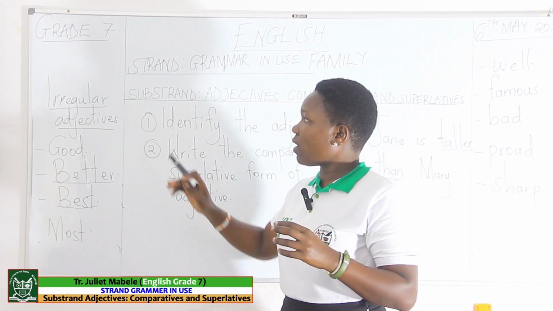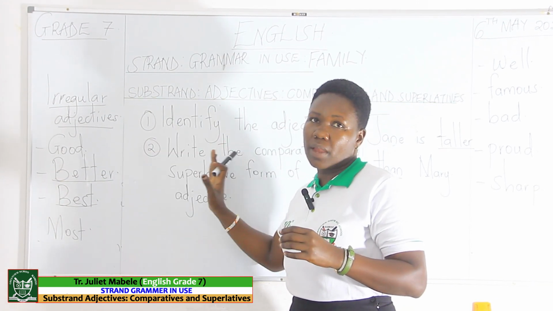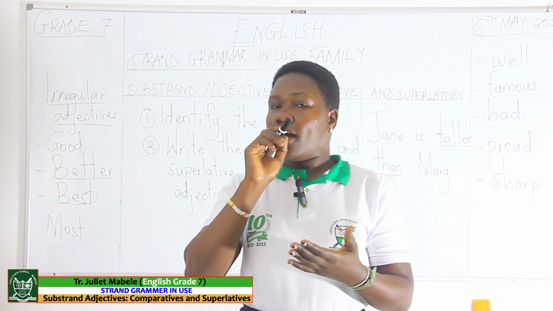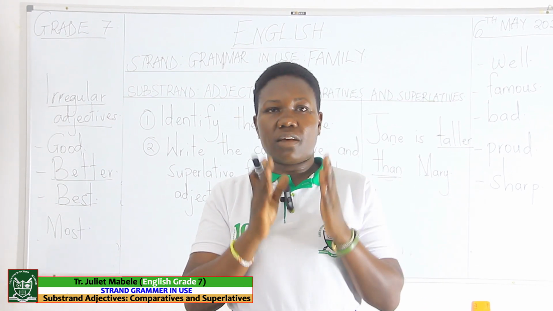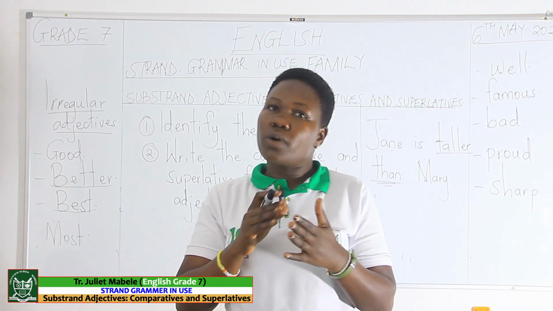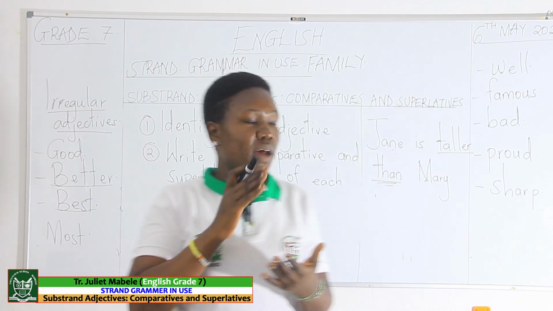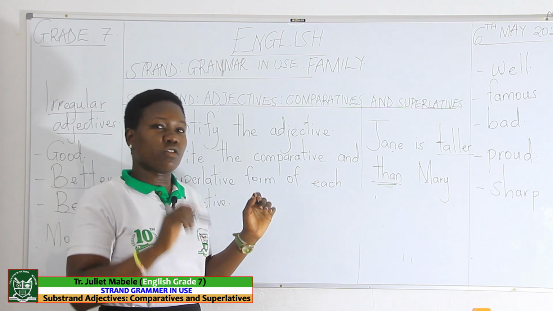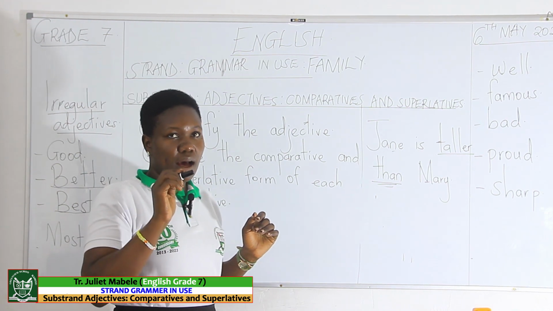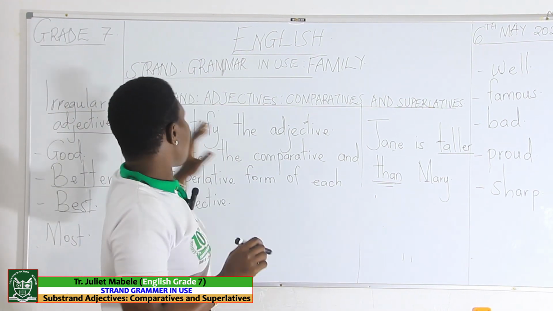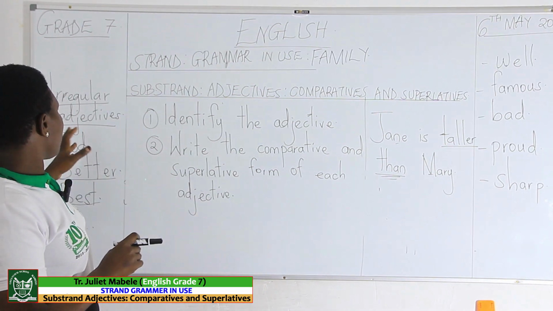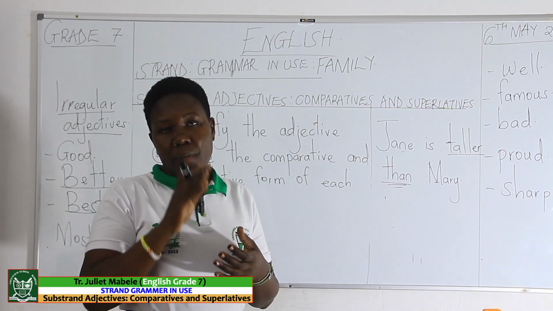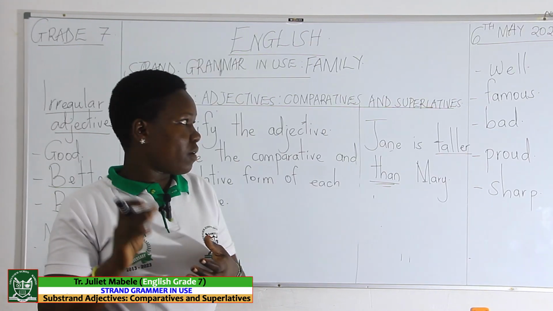We have many, but we focus on two, the regular and the irregular adjectives. We said the regular adjective forms the comparative by adding the suffix er, and the suffix est to form the superlative form of the adjective. The irregular adjectives, for example good, change completely in the comparative and in the superlative form.